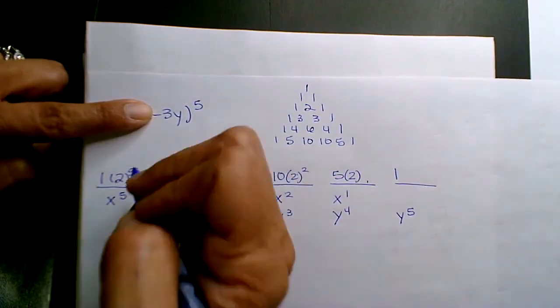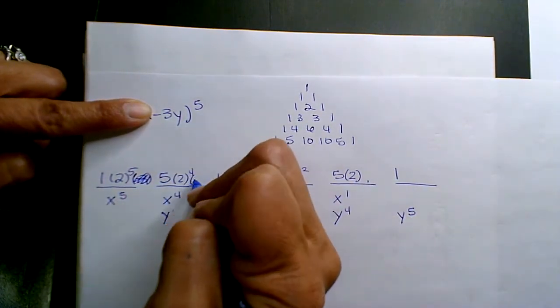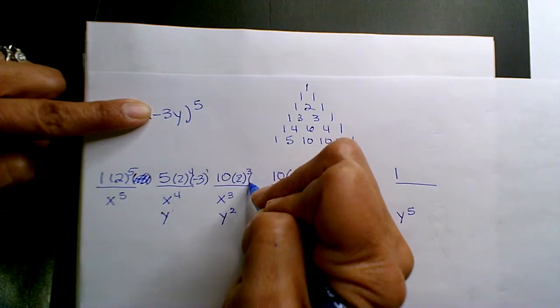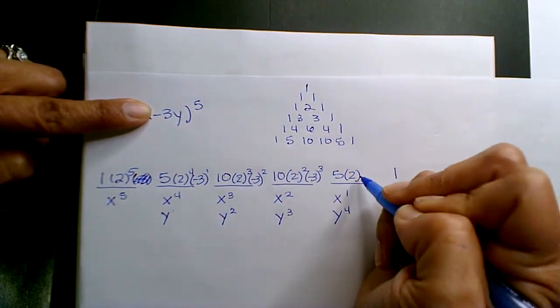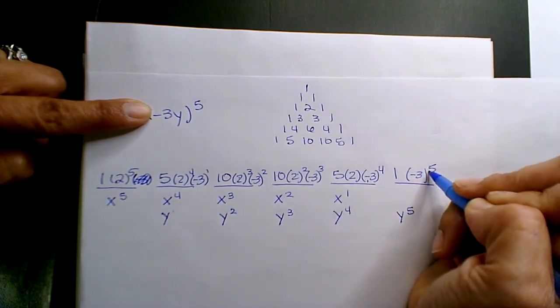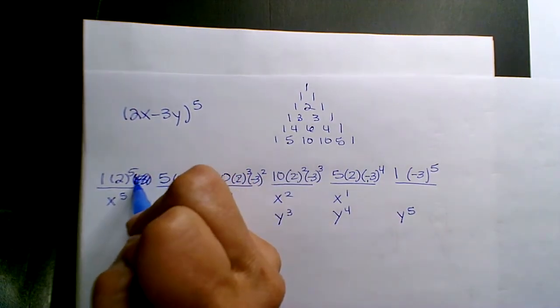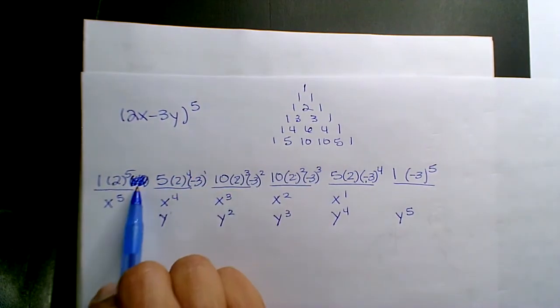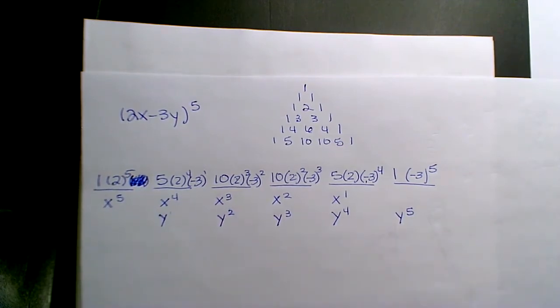Okay, now this one's negative 3 to the 0, negative 3 to the 1, negative 3 to the 2, negative 3 to the 3, negative 3 to the 4, negative 3 to the 5. And so you now throw that into your calculator. I was going to write the 0, but I forgot we're not doing the zeros.